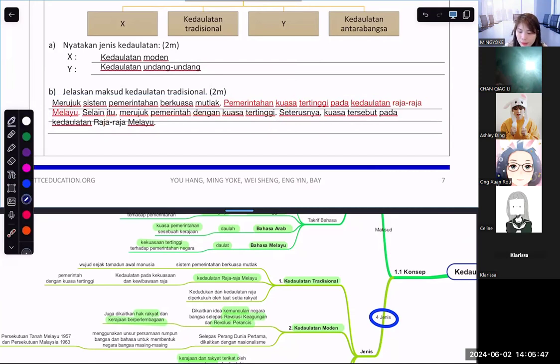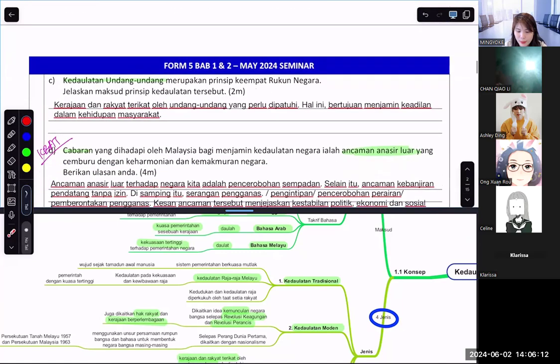This one: pemerintah kuasa tertinggi, and this: kuasa pada kedaulatan Raja-Raja Melayu. Senang kan? Very easy. Okay, let's continue, guys. Move on to the next page.